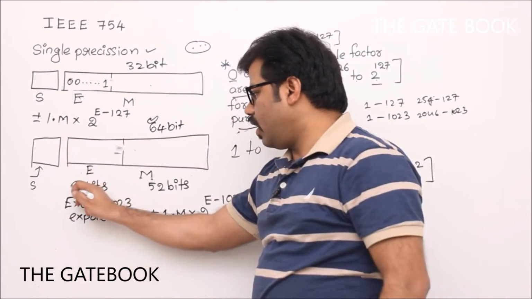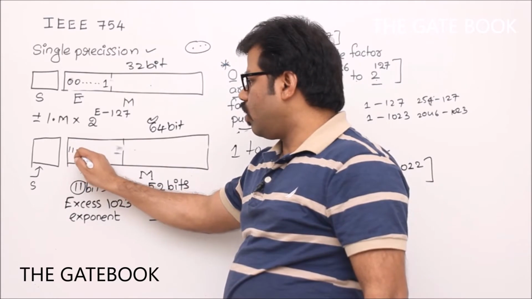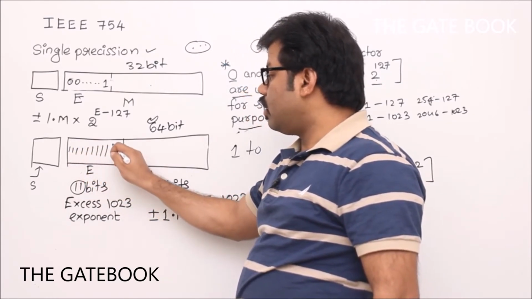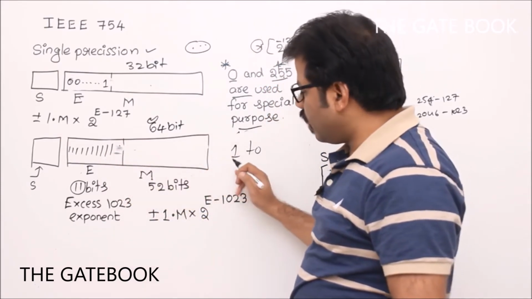So how many bits we have here? 11 bits for exponent. When you have 11 bits for exponent, the 11th bit cannot be 1, right? Because here also same story.